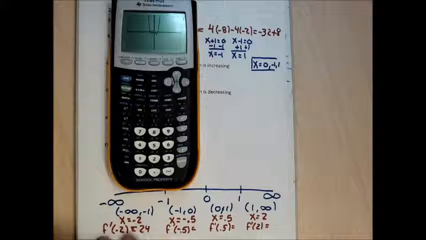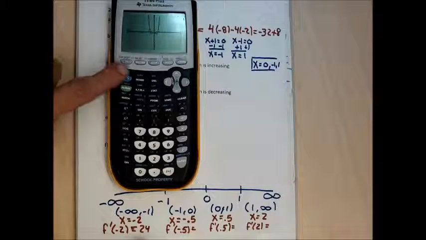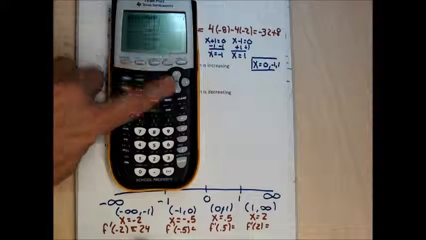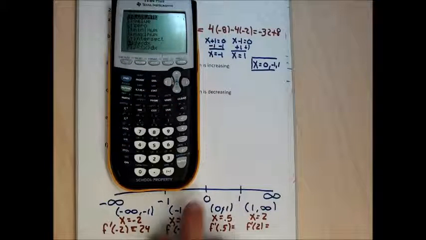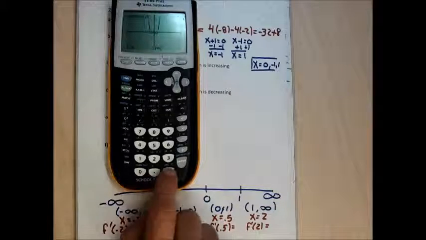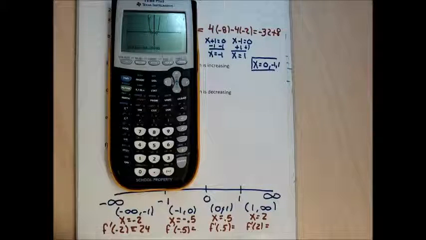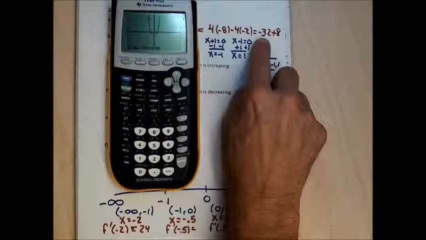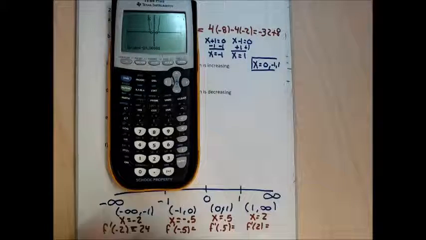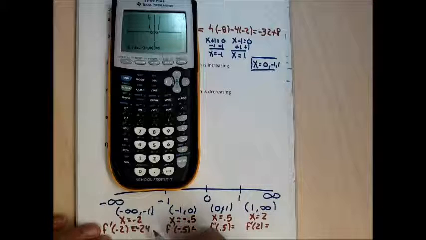To get f prime of negative 2 using my calculator, I go second calc, go down to option 6, the dy/dx, hit enter, and then type -2, and it gives me -24, which I should have gotten because -32 plus 8 is -24.